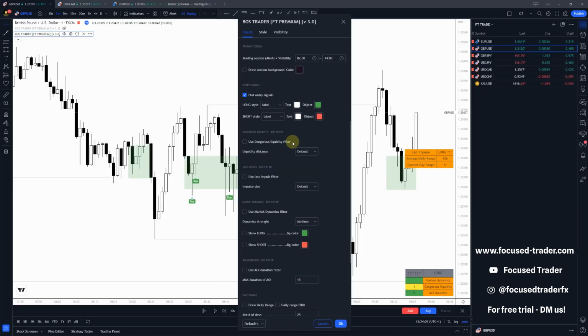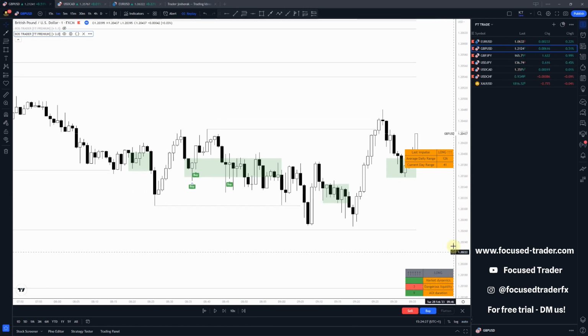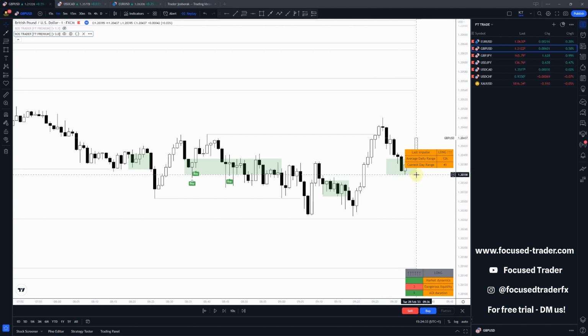Okay, so we have this dangerous liquidity filter, and it is currently showing us number 1. So let me check, we are currently on the default setting, and let me switch this to far. Right now we can see that there are 3 dangerous liquidity lines below our current market conditions.